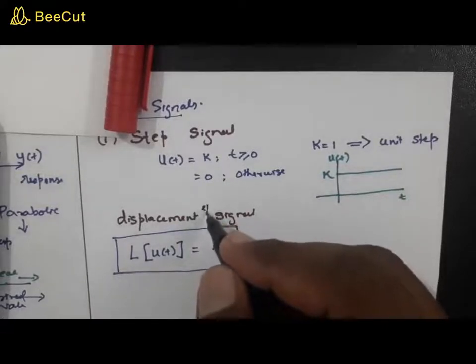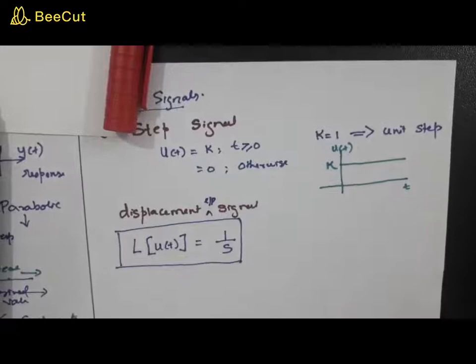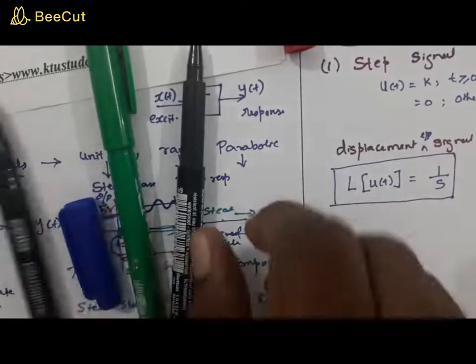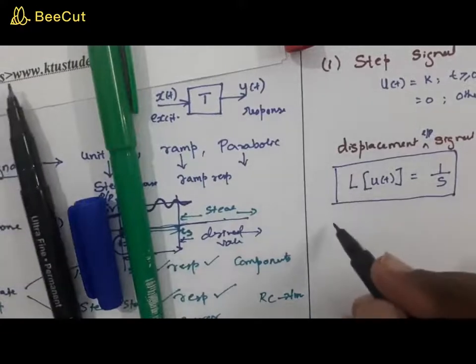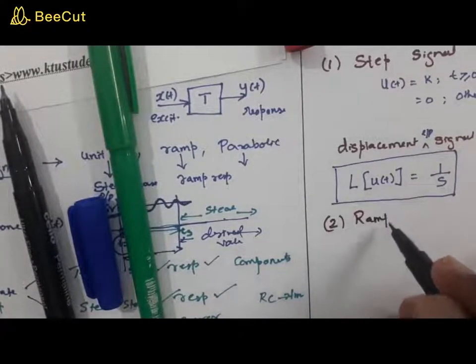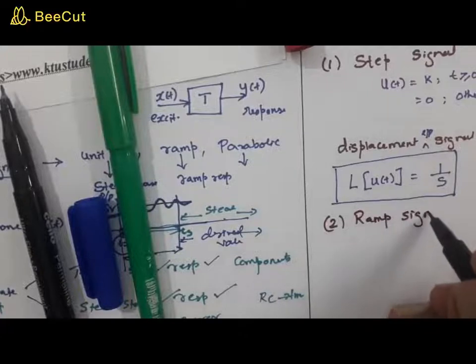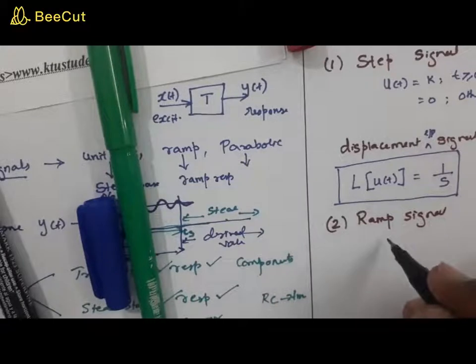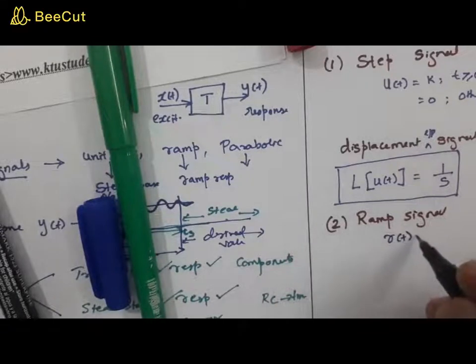Is it clear? Now coming to the second one, the ramp signal, and you know what it is. The ramp signal is denoted by r of t, and it is equal to k into t for t greater than or equal to 0.